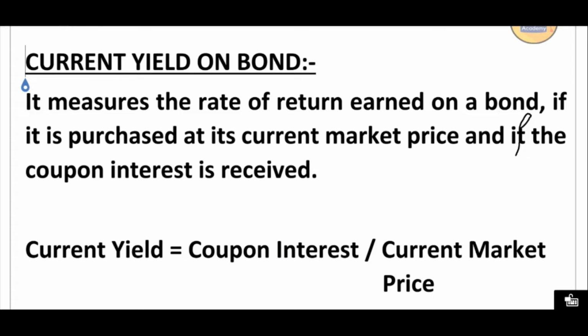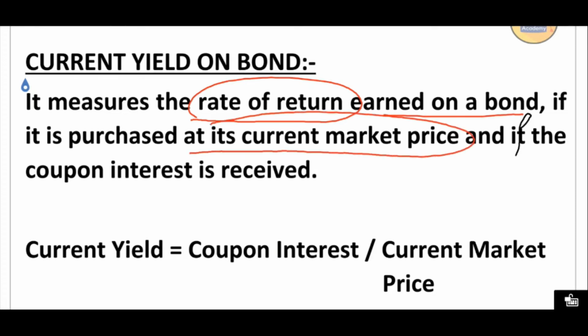So let us see. What is current yield on bond? First of all we have to see here. It measures the rate of return earned on the bond if it is purchased at its current market price. This is very important because the bond has to be purchased from the market, that means at the current market price.